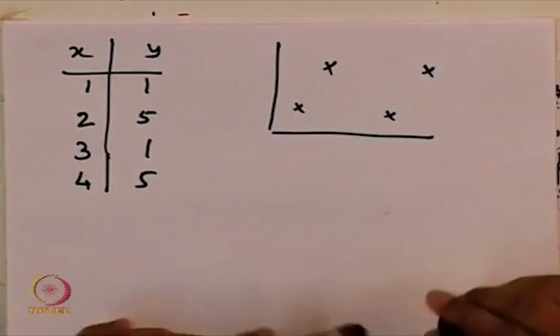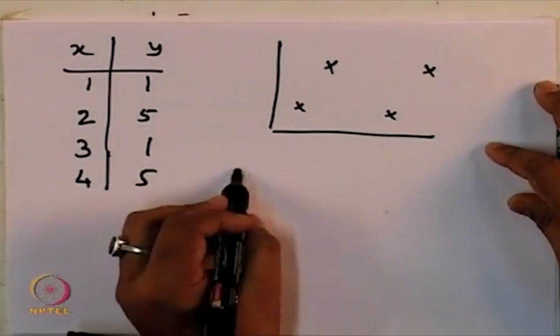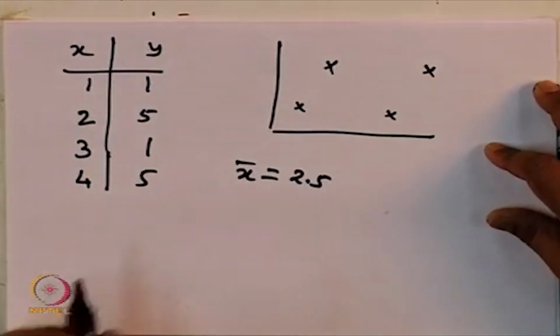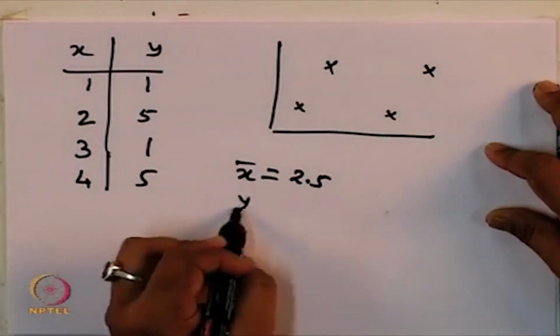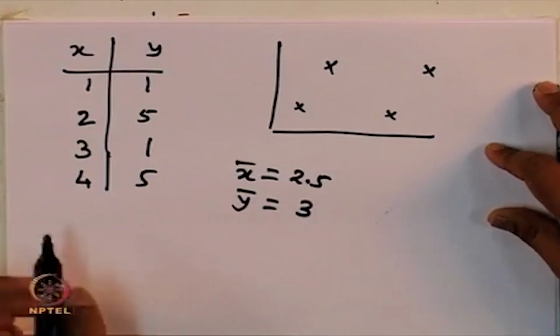Okay. Let us do the following exercise. Okay. So, my x bar is going to be 2.5 as before, y bar is going to be 3.